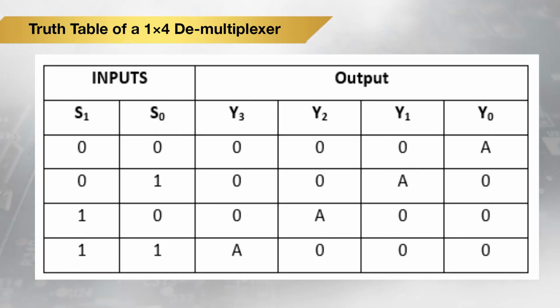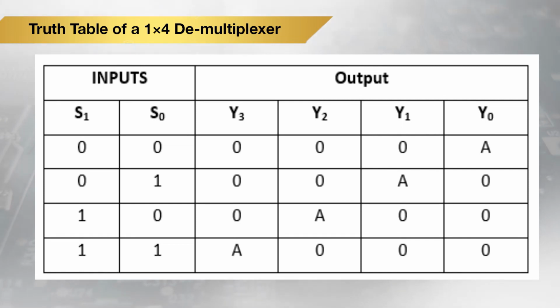If the selection line has the combination 0, 1, then whatever value is present at the input A will be transmitted to Y1, and the output lines Y2, Y3 and Y0 will have logic 0.